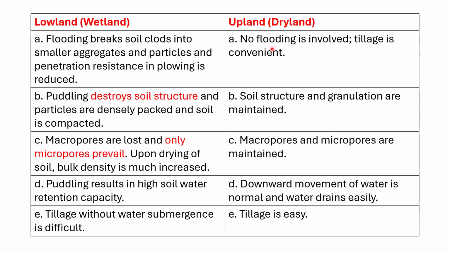Then, kapag upland naman, no flooding is involved, so walang tubig. Then, tillage is convenient. Then, under lowland ulit, puddling destroys soil structure and particles are densely packed and soil is compacted.